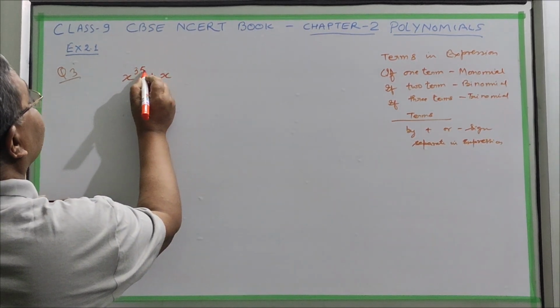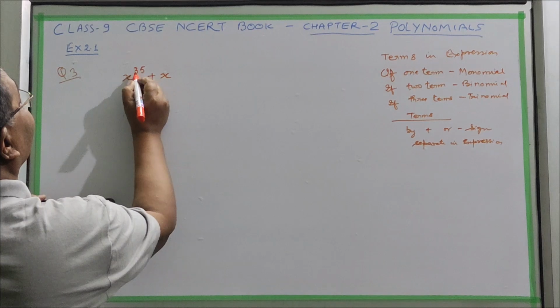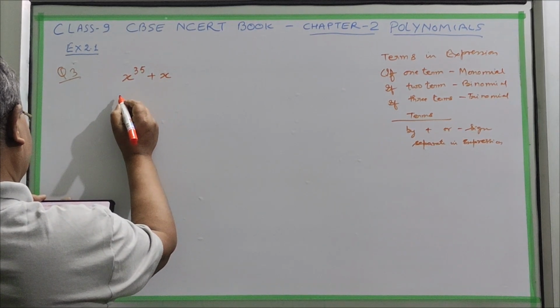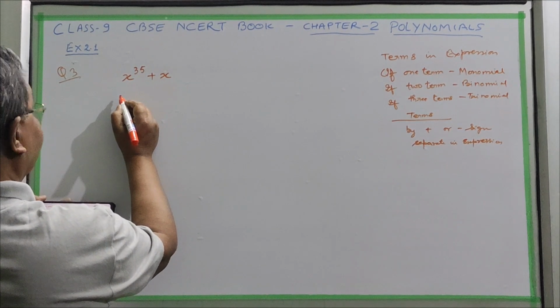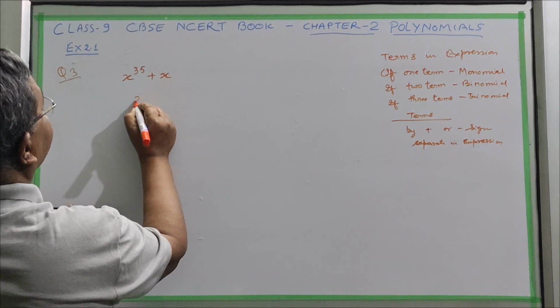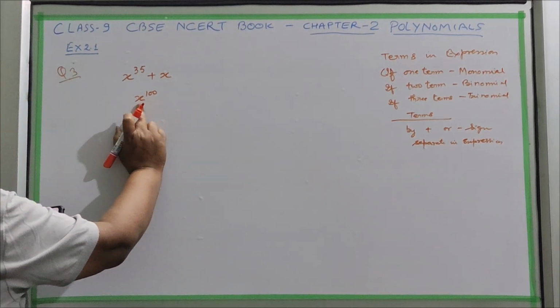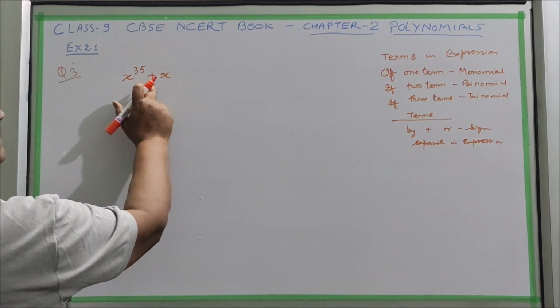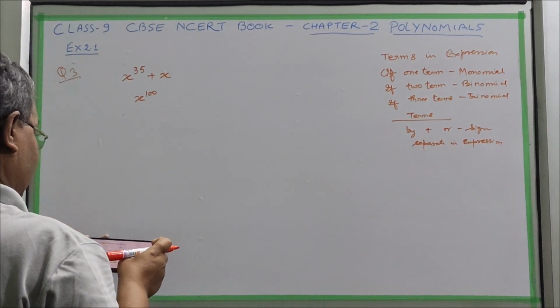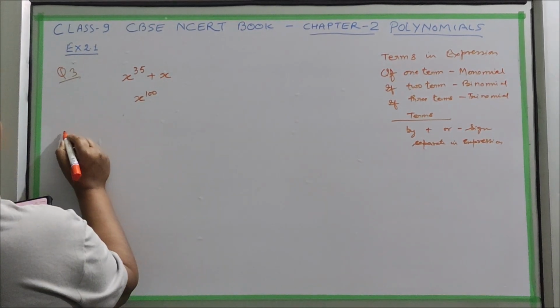This upper portion is known as the degree. Okay. Then another question, monomial of degree 100. We can take a monomial because only one term is there, no plus sign. With a plus sign, two terms was a binomial. Okay.